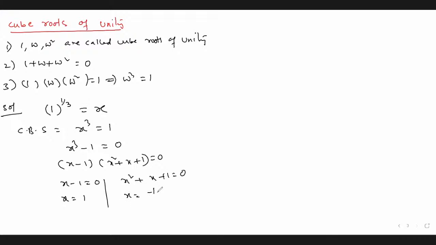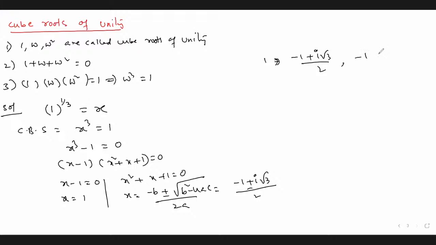X is equal to minus b plus or minus root of b square minus 4ac by 2a. If I apply the formula, you get minus 1 plus i root 3 by 2. So the roots are 1, omega is minus 1 plus i root 3 by 2, omega square is minus 1 minus i root 3 by 2. These are the cube roots of unity. Copy this one or take a screenshot of this.